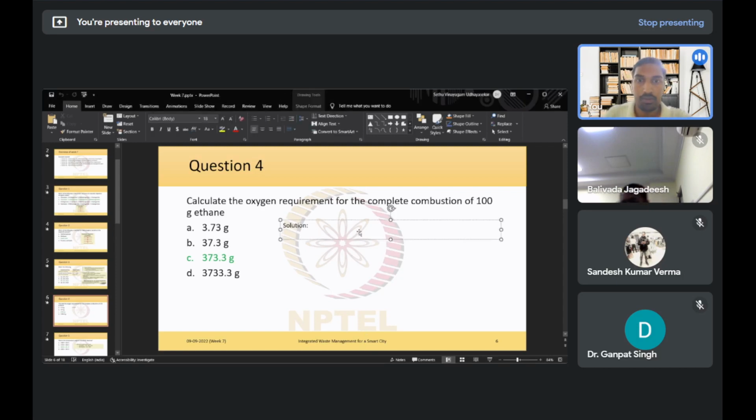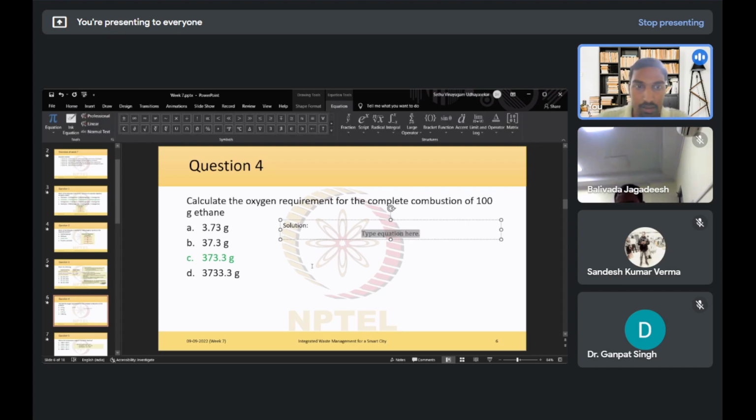Okay, so the question asks about the oxygen requirement for the complete combustion of 100 grams of ethane, right? First we should write the chemical equation for the combustion of ethane. The chemical formula for ethane is C2H6. We are talking about combustion, which is an oxidation process, so we need to supply oxygen.